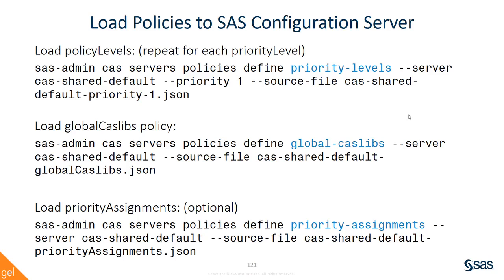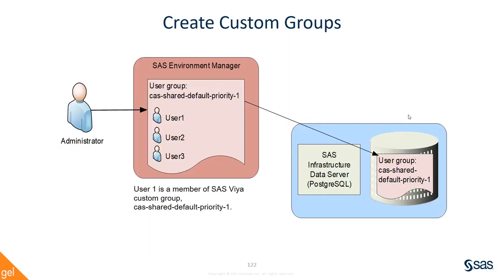And I would repeat that for each of my policy files. So if I have priority level 2, 3, 4, and 5, I'd have to repeat that command. Right. And likewise, we simply load the global CAS lib policy and the priority assignment policy. So now they're in Consul. CAS knows to pick them up, or to look for them at least.